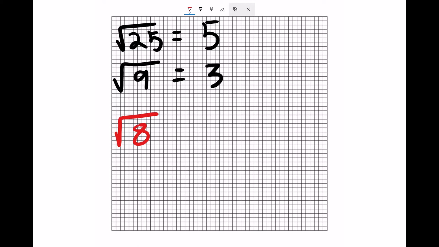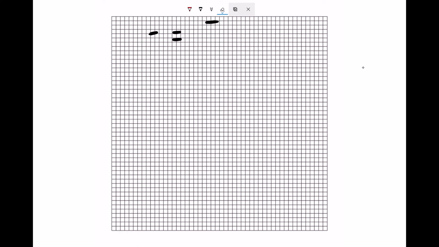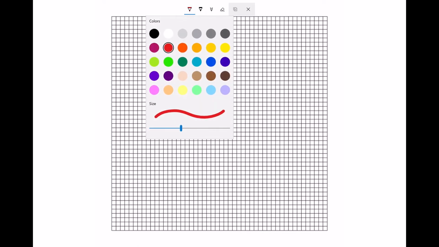That is what we will be doing in this section. Let's do, for example, you want the square root of 8. As we previously established, 8 is not a number that has a perfect root. It is not a perfect square.